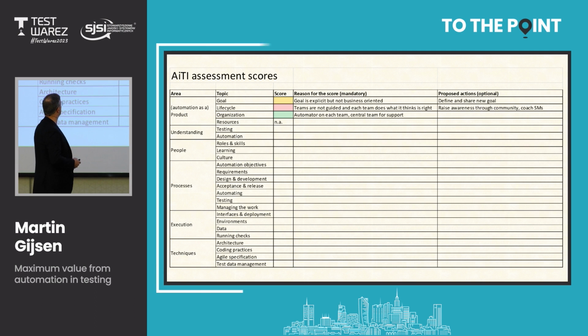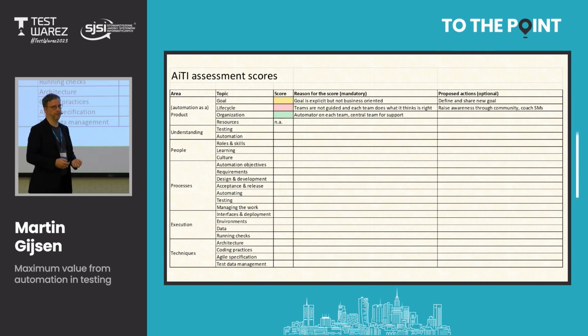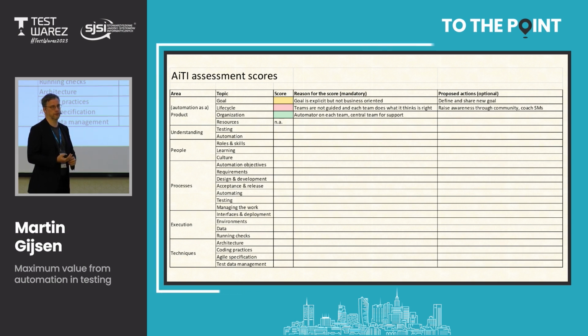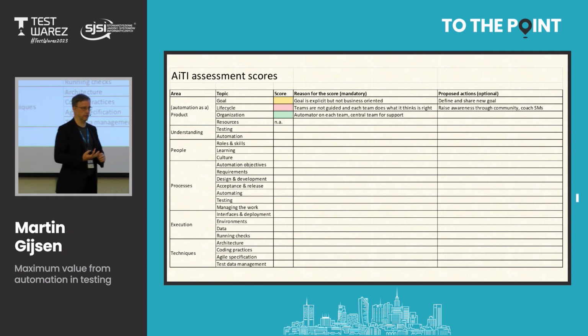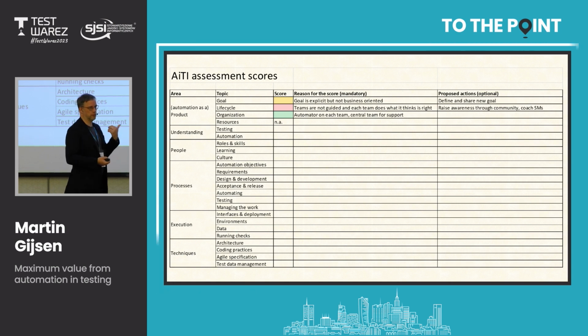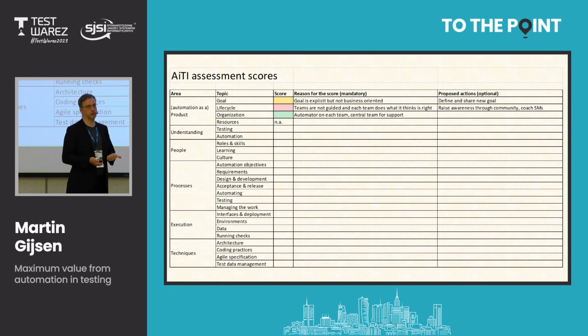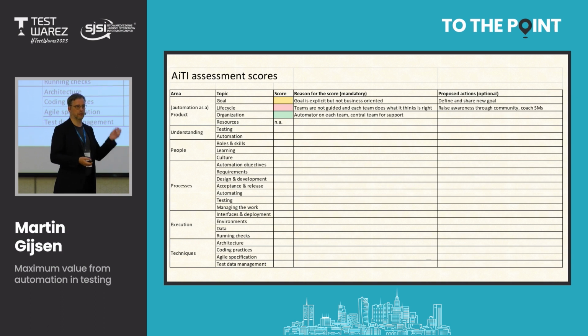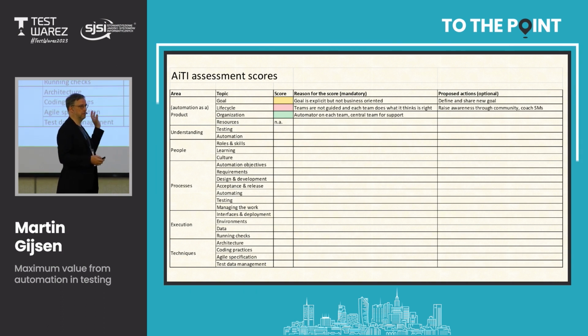And for each of those areas, you can give it a score. I want to keep that simple, so what I did is basically red, yellow, green. It's good, it needs work, or it's really not good enough, to keep it simple. And you want to give your reason for that score, and if there's something that needs doing, you can write them down.